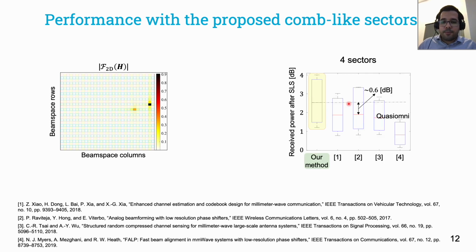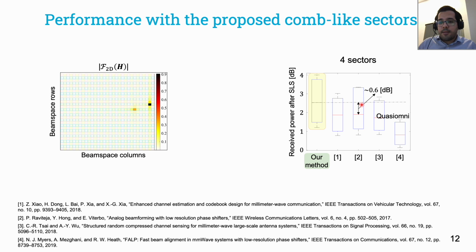So here on the right, we compare the received power after sector level sweep, the procedure that we just saw, using our constructed sectors with some existing methods. As you can see, our method results in a higher received power than the other code words.